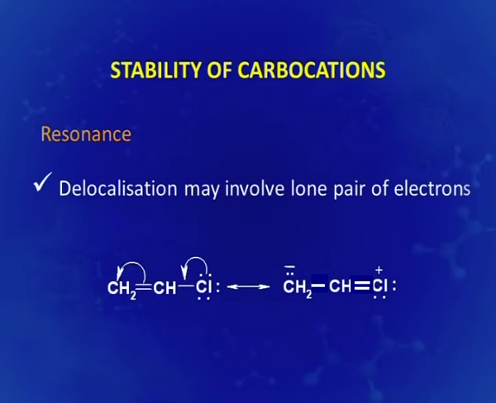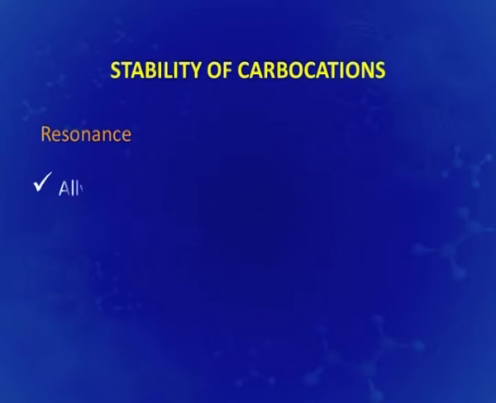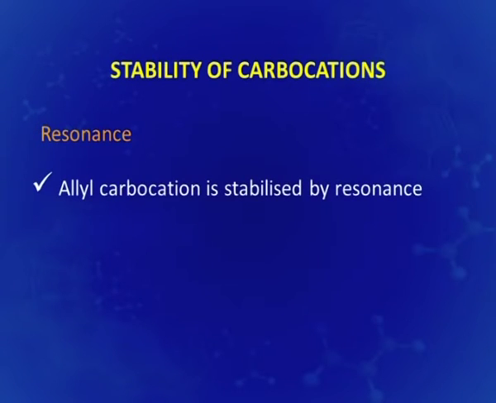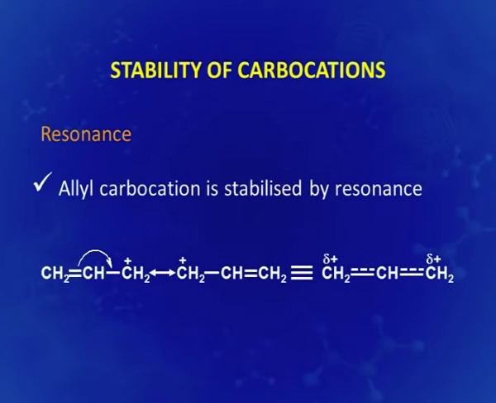Therefore, on the basis of resonance also we can say that allyl carbocation is stabilized by resonance. This is the allyl carbocation where the double bond participates and tries to ease this carbocation of the positive charge, and because of the shift, this double bond gets positively charged and shows resonance.